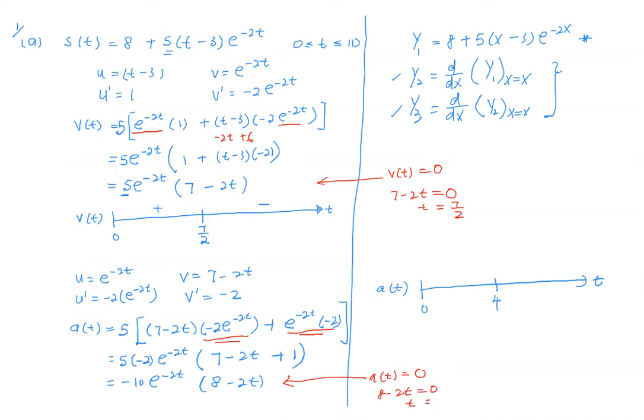So t equals 4. And this is also a minus, and here is a plus. Okay, this one, you can use your y3. Still remember how to use your GC to help you? You do second alpha trace.